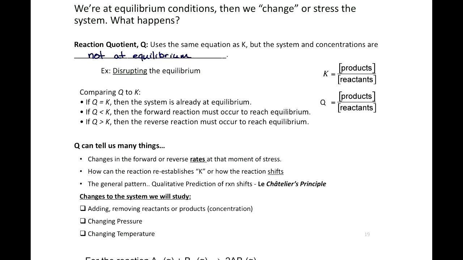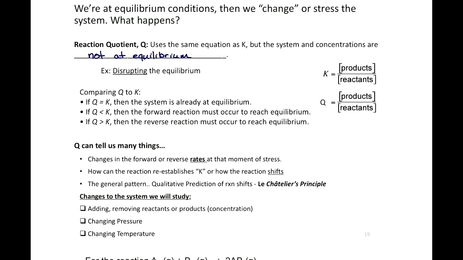K, the equilibrium constant, represents the concentration ratios at equilibrium. But when we're not at equilibrium, we can calculate what's called Q, the reaction quotient. The reaction quotient is calculated exactly like K. It's products over reactants, it's just that we're not at equilibrium.